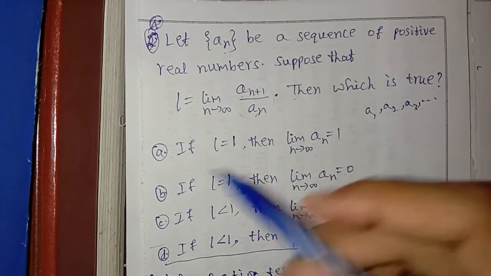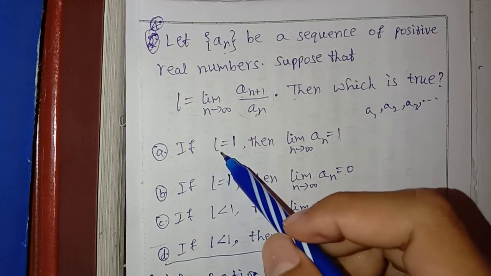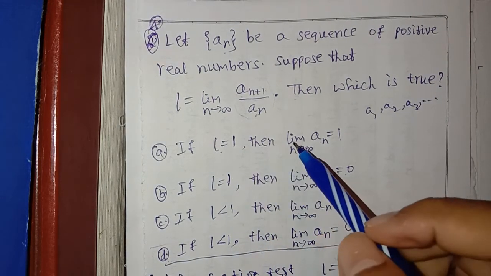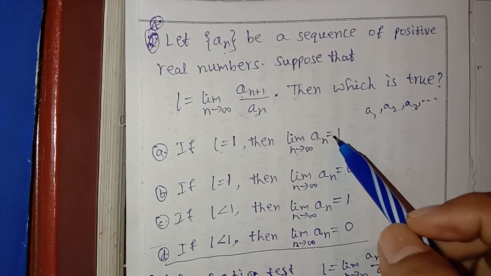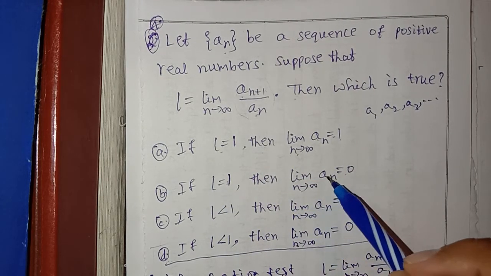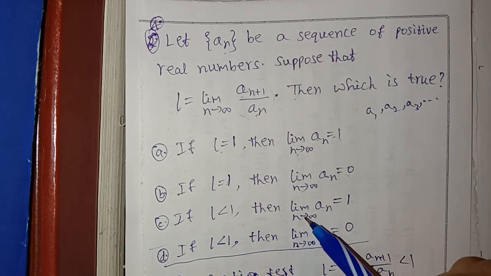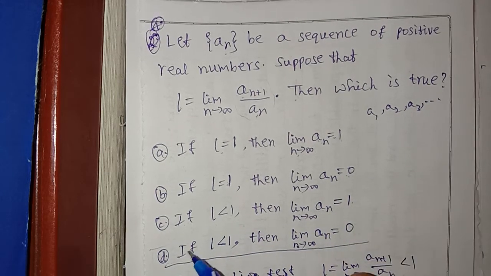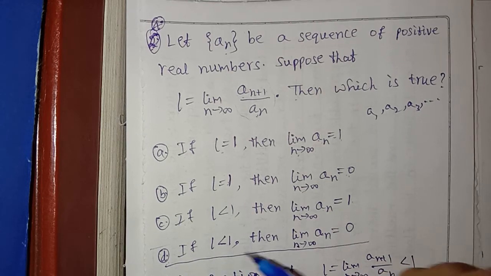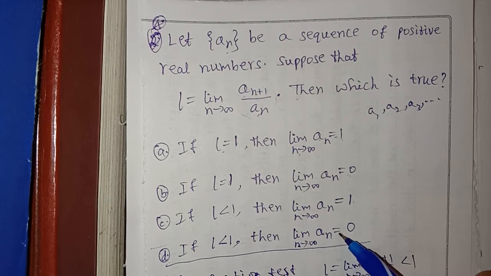Then which is true? 4 choices are given. If L is equal to 1, then limit n tends to infinity an is equal to 1. And if L is equal to 1, then limit n tends to infinity an is equal to 0. If L is less than 1, then limit n tends to infinity an is equal to 1. If L is less than 1, then limit n tends to infinity an is equal to 0.